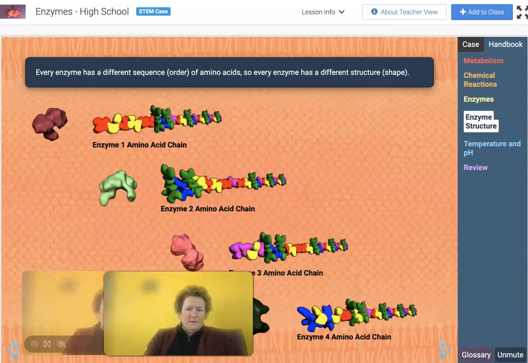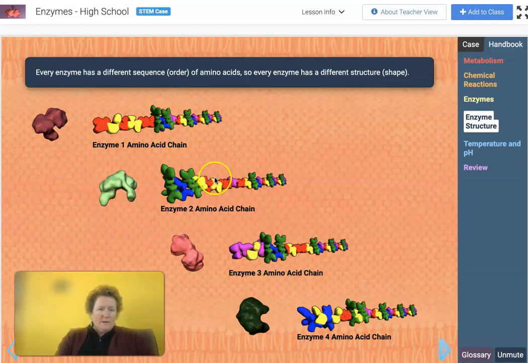So we can see the different enzymes and how they have different amino acids, which are different sizes and shapes and have different charges. They result when the protein folds into different shaped enzymes. And if that enzyme doesn't have the correct shape, it won't work. We say in my class, lose your shape, lose your job if you're an enzyme.